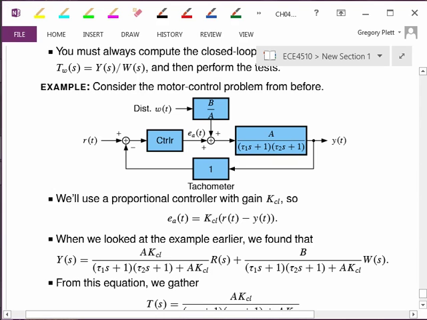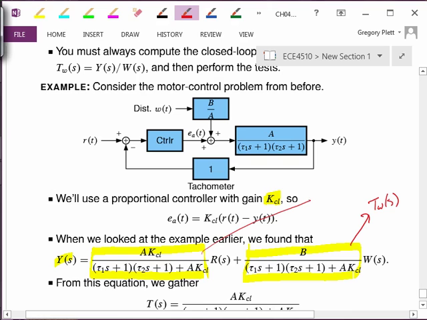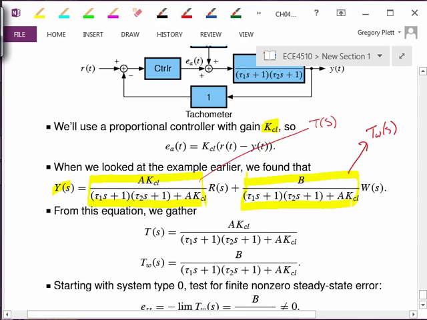And in this example, we will use a proportional controller with gain K closed loop so that the control effort is K times R minus Y. I repeat this example because we've done a lot of the work already, and we did all of the algebra of the block diagram and found that we could compute the output Y of S as some transfer function times R of S plus some other transfer function times W of S. And this here is TW of S, and this there is T of S. So we've already computed TW of S, which is what we need to compute system type with respect to the disturbance input. So there's T, there's TW.